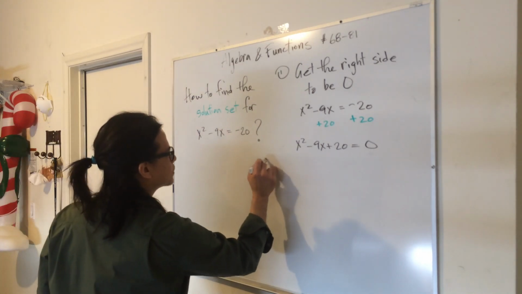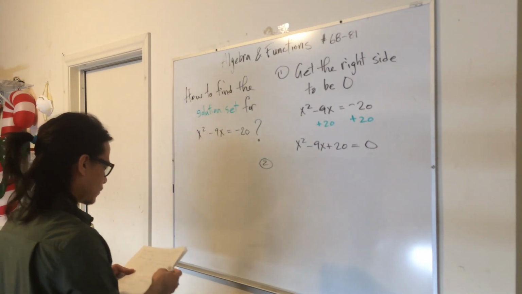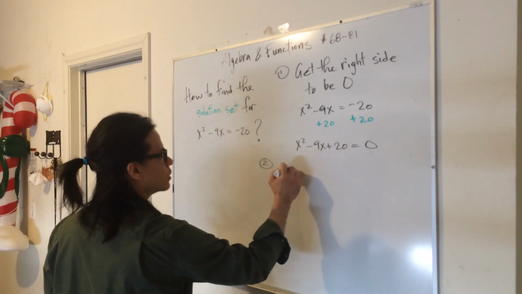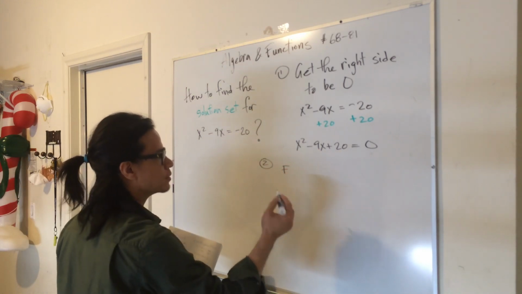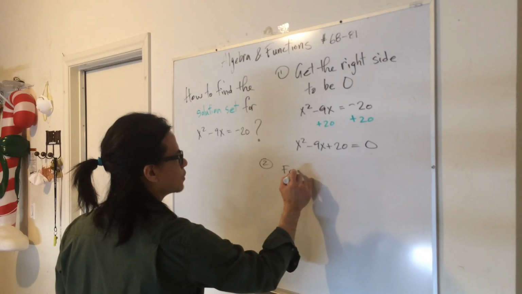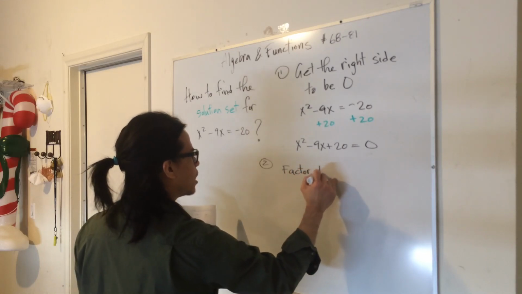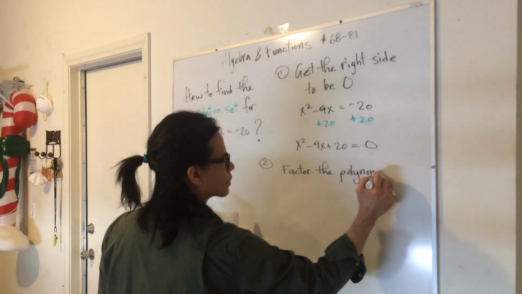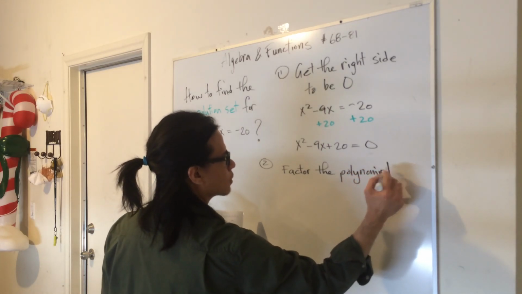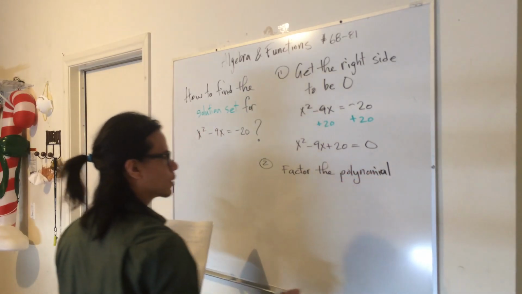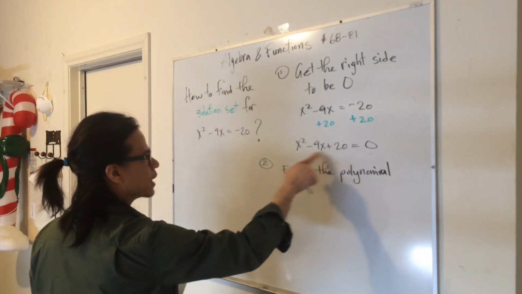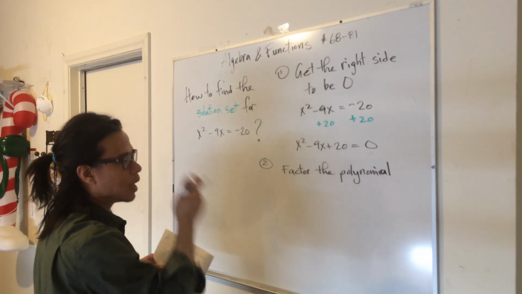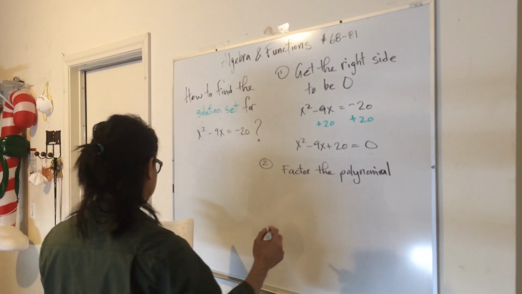Got it? Step 2. We're going to factor this polynomial here to find the answer. Okay? So we're going to factor the polynomial. Break this guy up by doing the opposite of FOILing.